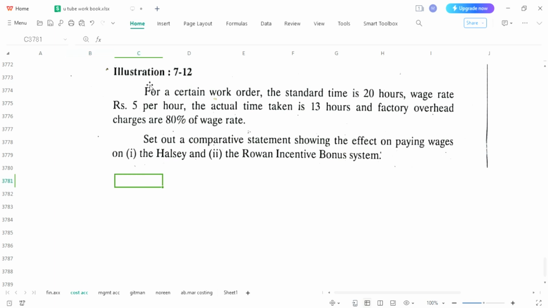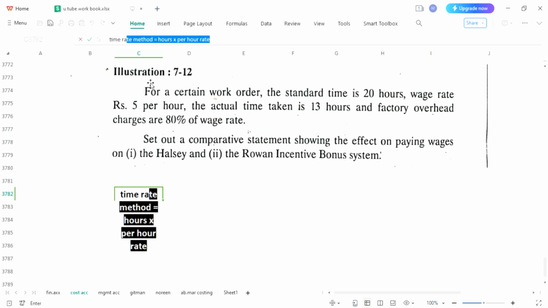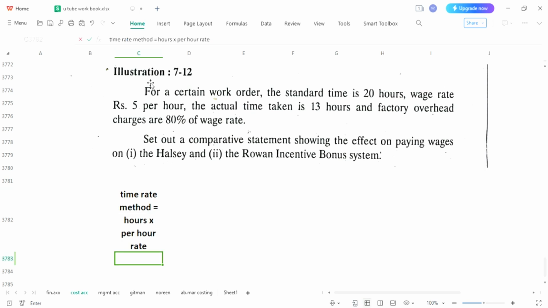But can you imagine if it is 20 questions, 30 questions, first author, second author, whatever the method you are using to calculate wages, only two basic rates would be involved. First is the time rate method, under which you calculate your wages by multiplying time and per hour. So hours worked would be calculated and multiplied with the per hour rate.